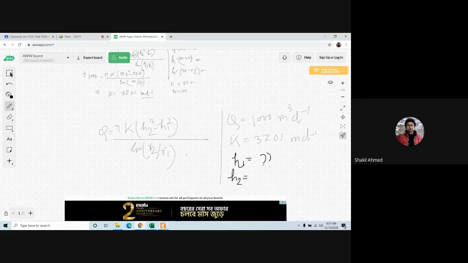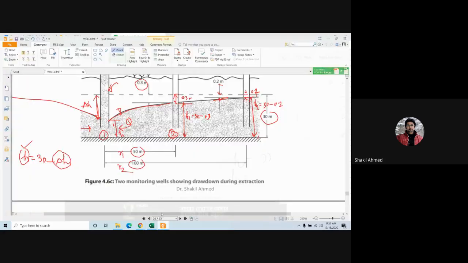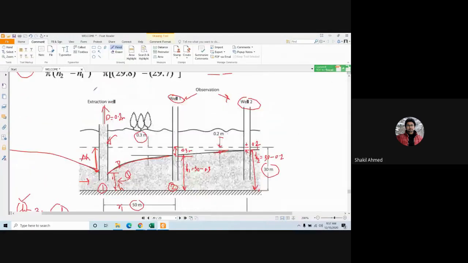Now the thing is, this H2 and the previous H2 are not similar, right? Which two wells are we considering now? We are considering this one and this one. So this is our one and this is our two now. Previously this was one and this one was two, but now this is one and this is two. Is it clear? Yes, sir.